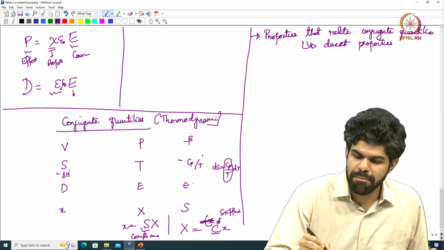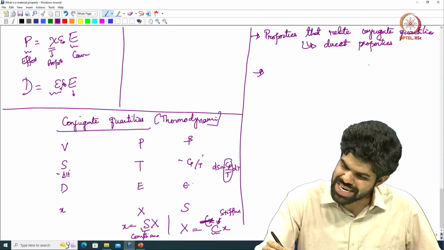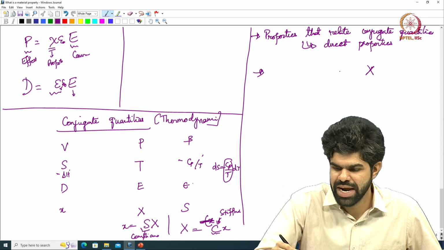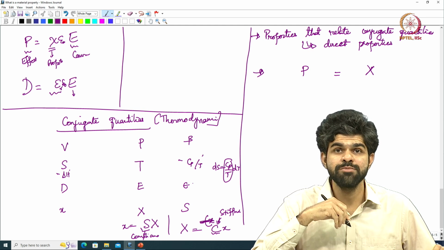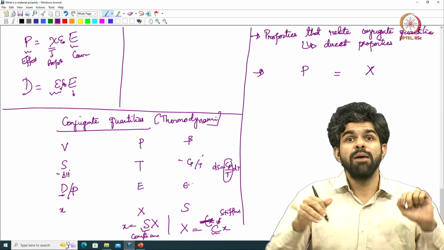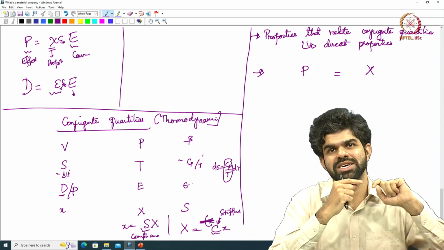Okay. But imagine now that I apply stress, and I generate polarization in the material. How can I generate polarization in the material? That is here, right. So D or P, by applying an electric field. If I apply an electric field, I can polarize the material, right.